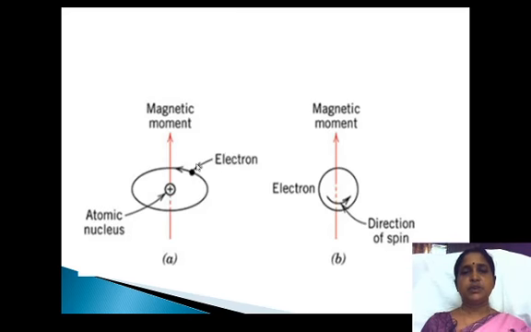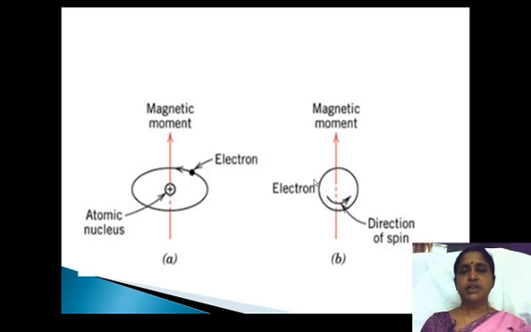So the electron moves in an orbit. Due to the movement of the electron in this orbit, magnetic moments develop. Those magnetic moments are called orbital magnetic moments. Next, spin magnetic moment. Again, the electron spins on its own axis and rotates around the nucleus.